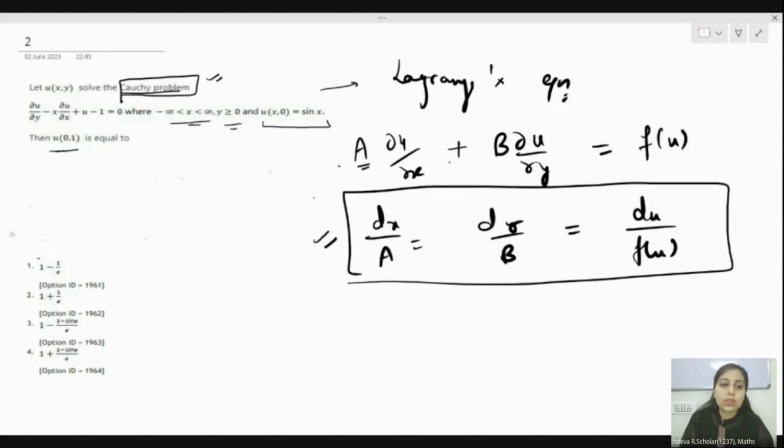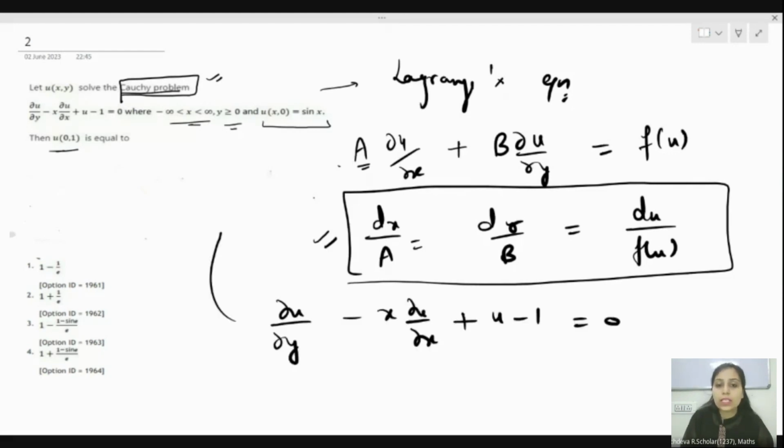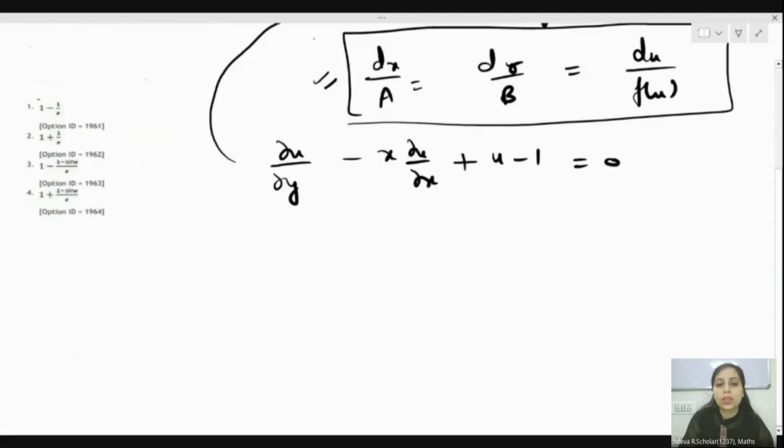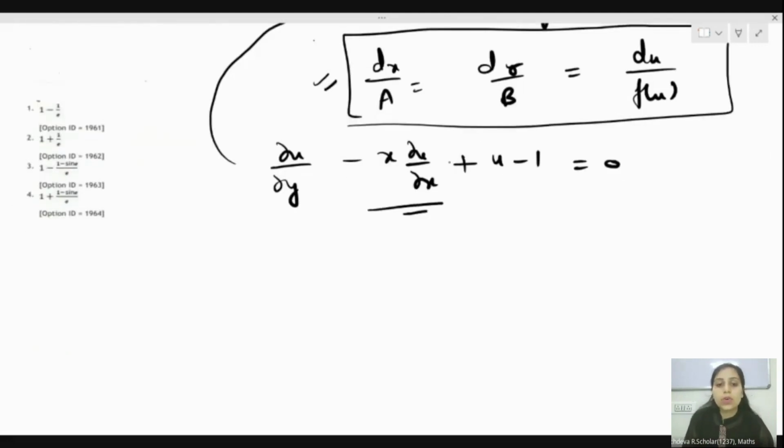So here also, the given equation is ∂u/∂y minus x ∂u/∂x plus u minus 1 is equal to 0. Write this equation in the standard form. So taking ∂u/∂x first, then ∂u/∂y, and take this to the right hand side, 1 minus u.